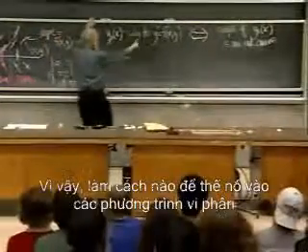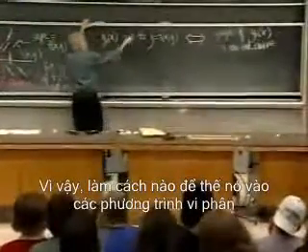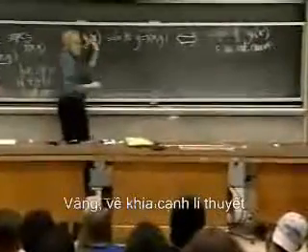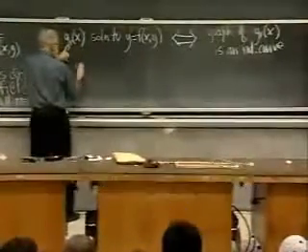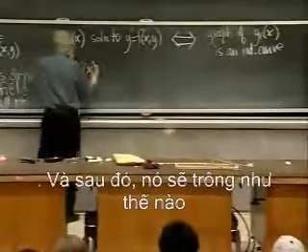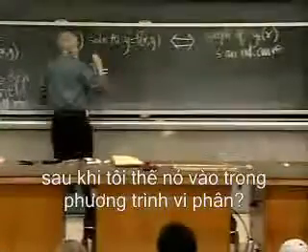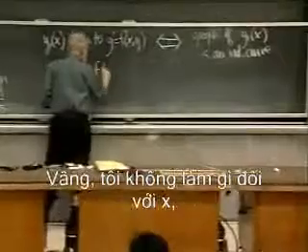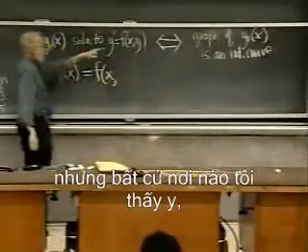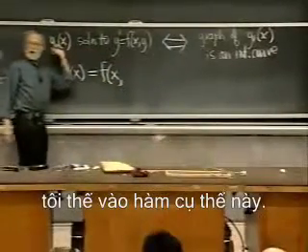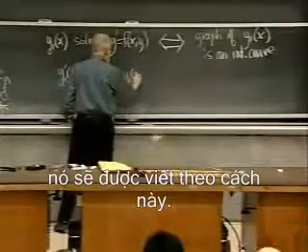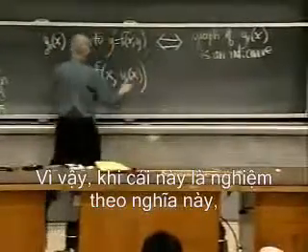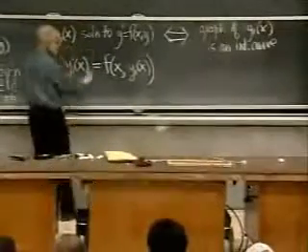So how do I plug it into the differential equation and check that it satisfies it? Well, doing it in the abstract, I first calculate its derivative, and then how will it look after I plugged it into the differential equation? Well, I don't do anything to the x, but wherever I see y, I plug in this particular function. So in notation, that would be written this way. So for this to be a solution means this.